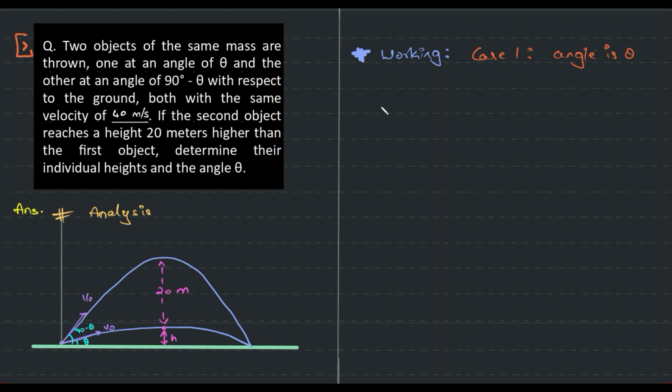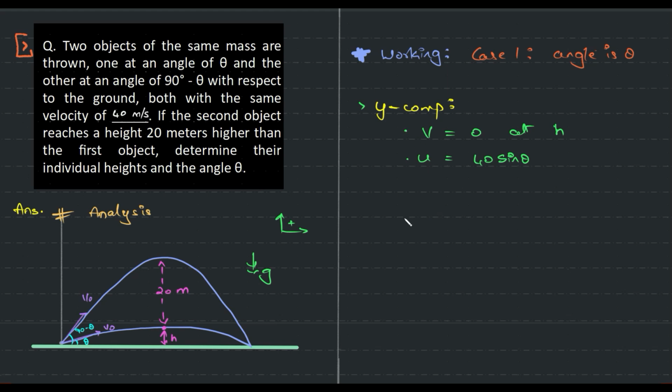So let's start off. We have to look at the y component, and you guys can directly write the formula, but for me this is convenient. My final velocity is 0 at the height of h. Then the initial velocity would be u, 40 sine of theta. And g is negative, and we'll take up and right as positive direction.